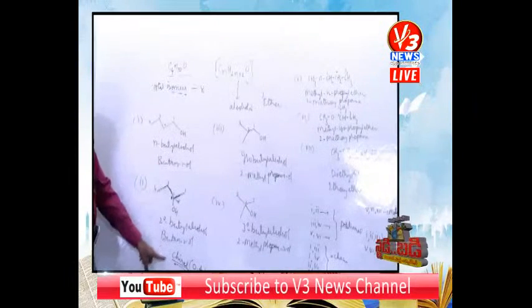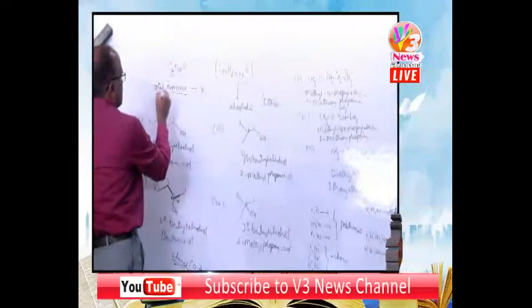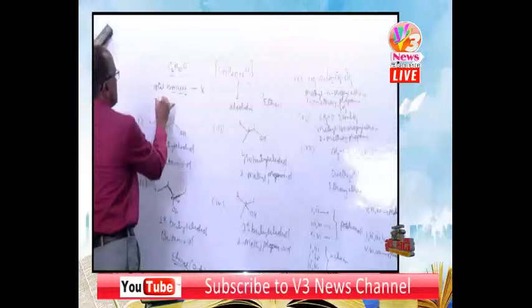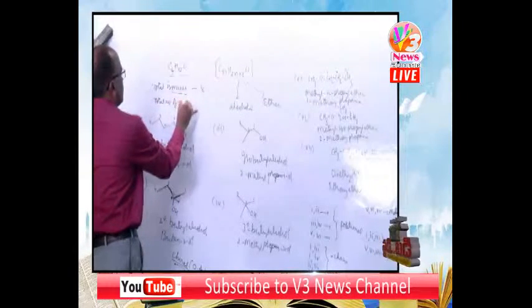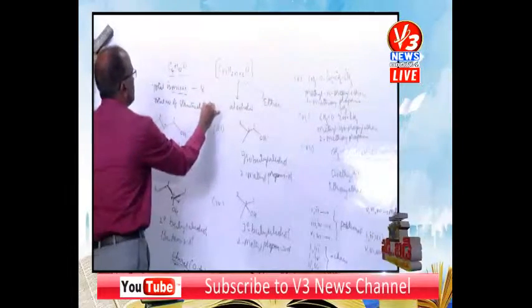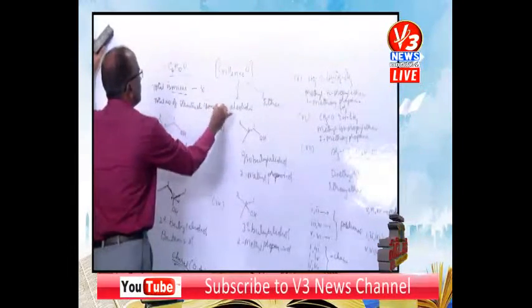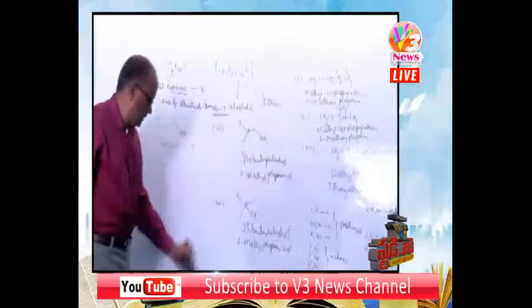If we take only structural isomers, we should not take enantiomer of this one, means only 7 isomers. Total number of structural isomers is seven, like this. Okay. Now we will take one important example.